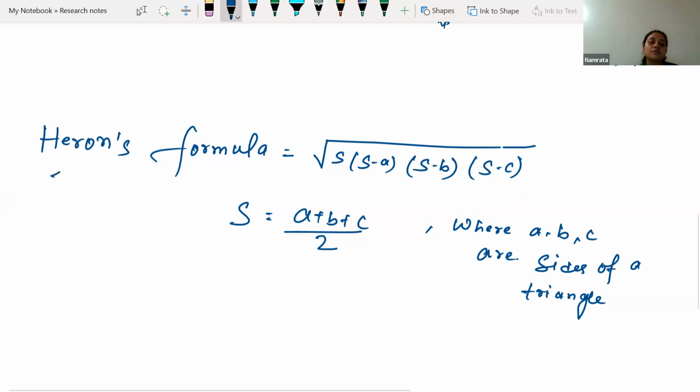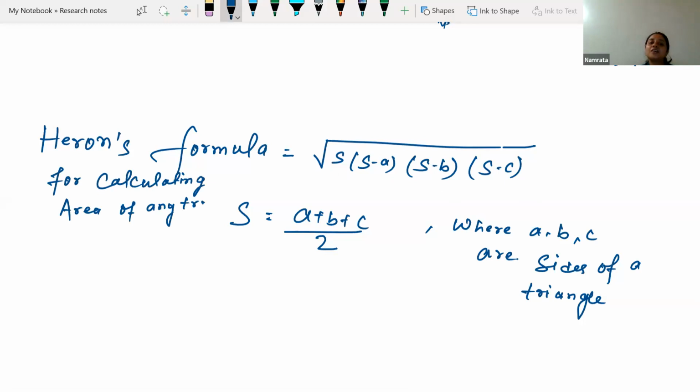For calculating the area of any triangle, let's check whether the area we found for the equilateral triangle and isosceles triangle by using the older formula matches up with this.